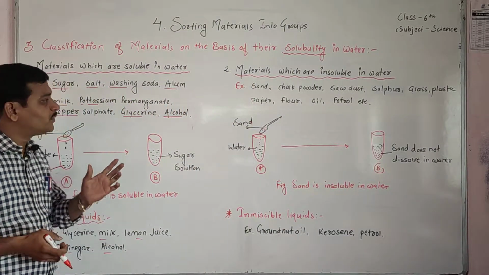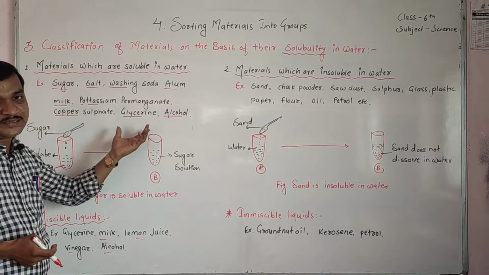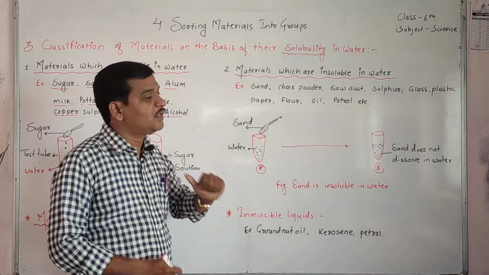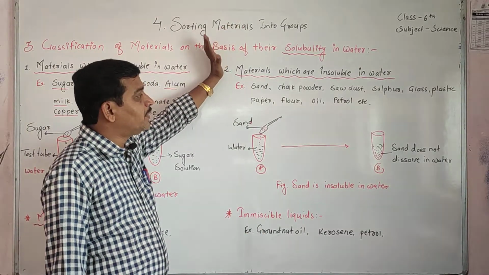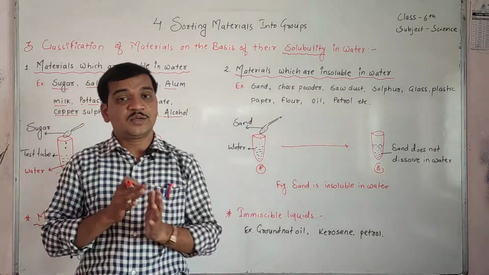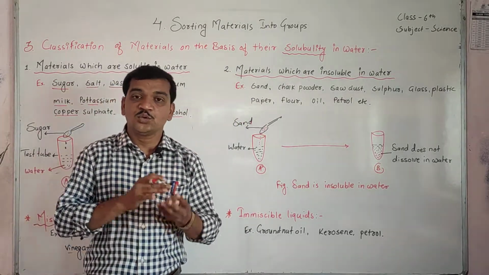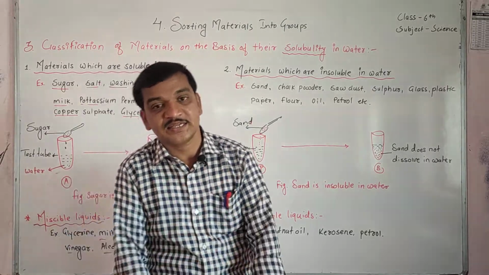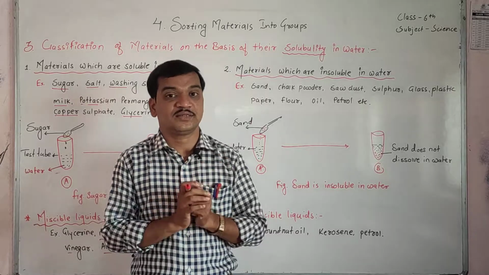You can do the same activity for all these substances and check their solubility. Now next, materials which are insoluble in water. Some materials do not dissolve in water; they remain as they are in water for a long time.